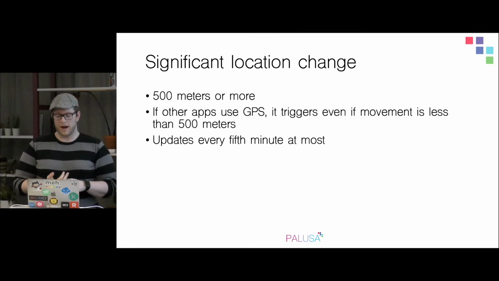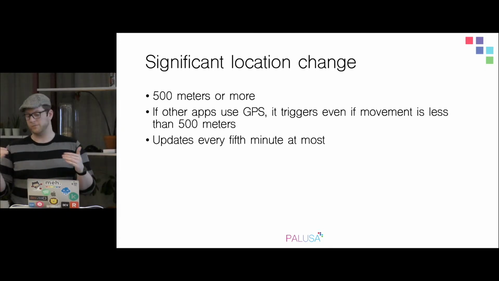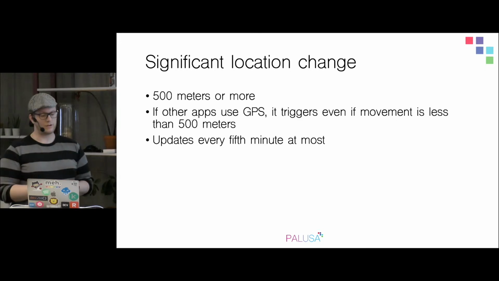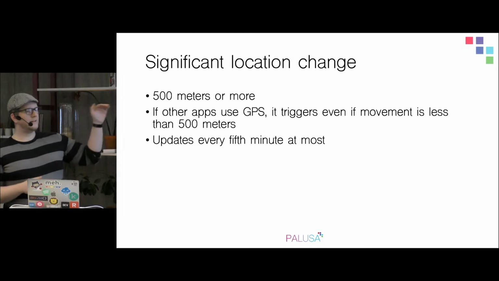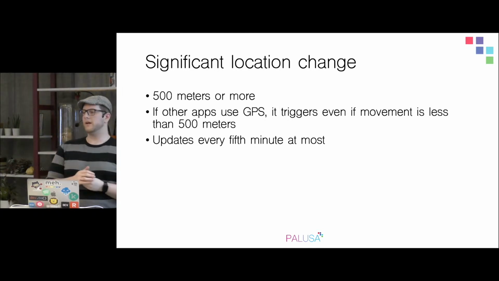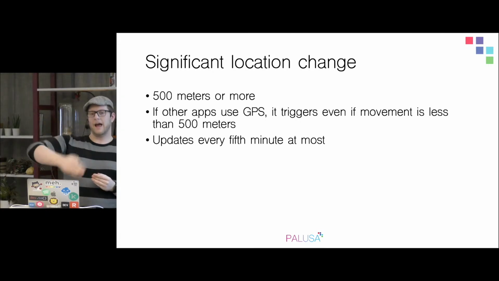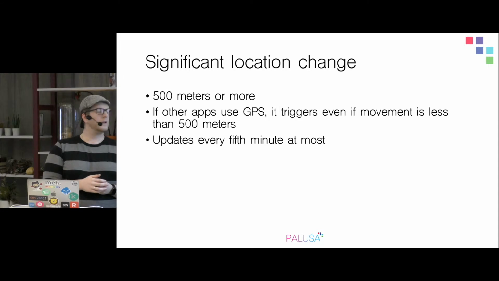If any other apps use the GPS on the phone, it triggers even if the movement is less than 500 meters. And as I was driving my car, I didn't find this in documentation, but I was driving my car with my GPS running, and I could see that it had exactly 5 minutes between the markers.